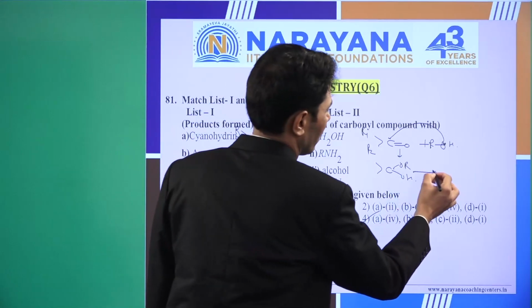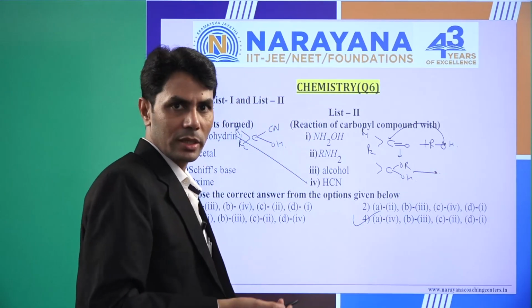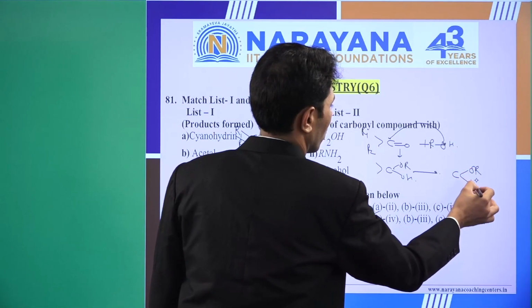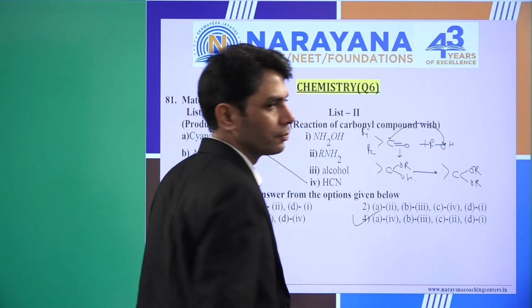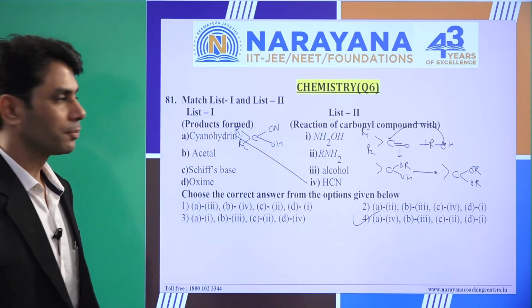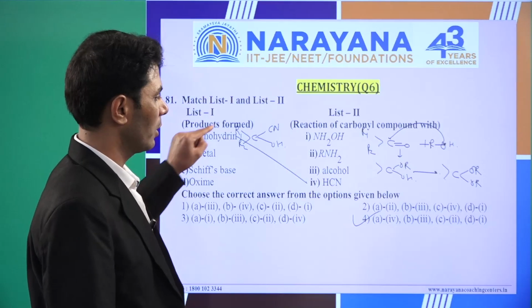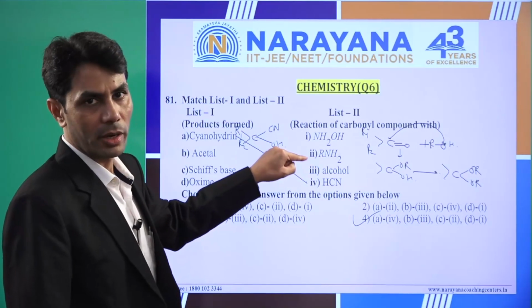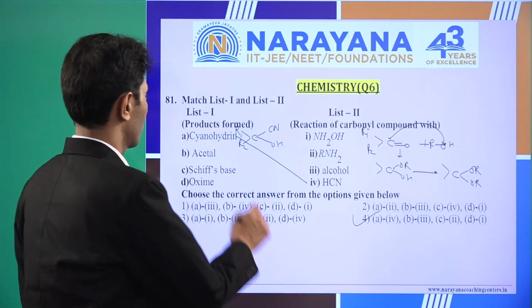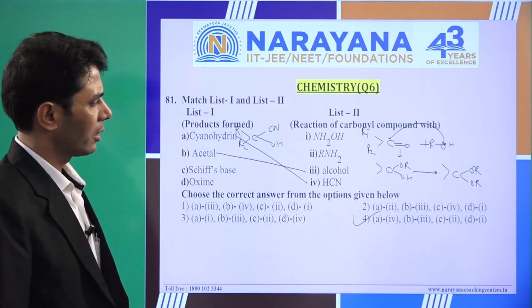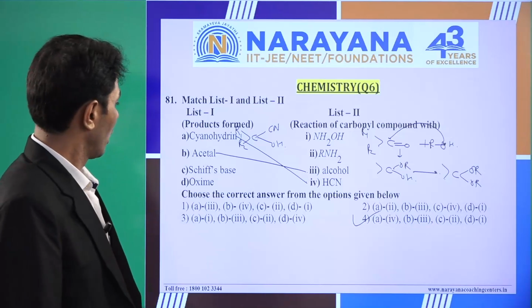After that, if one more mole of alcohol further reacts with this compound, it will give OR, R1 and R2. It is known as acetal. So acetal means B option is connected with alcohol, with third. It is awesome.